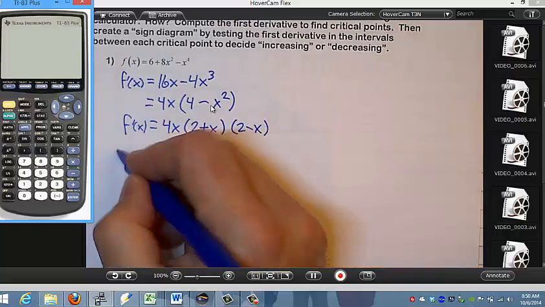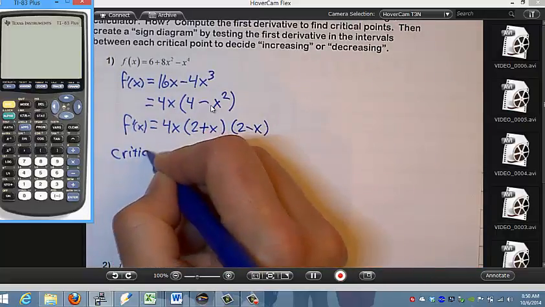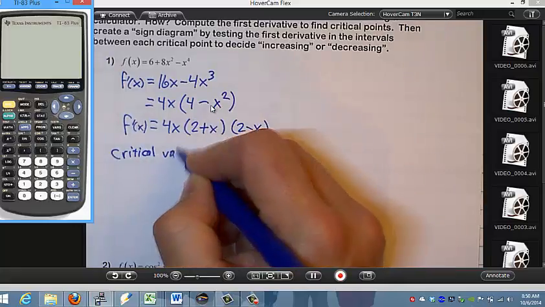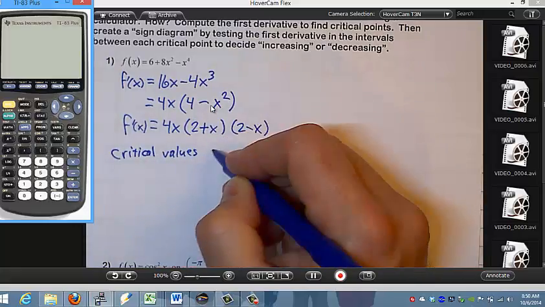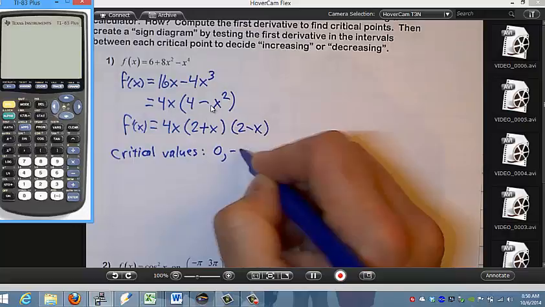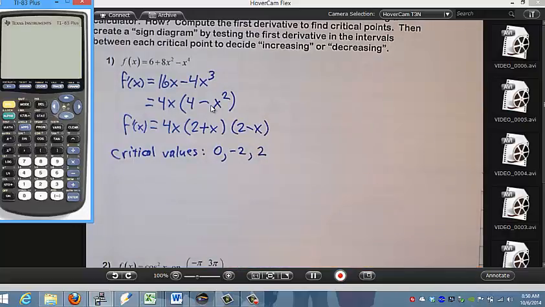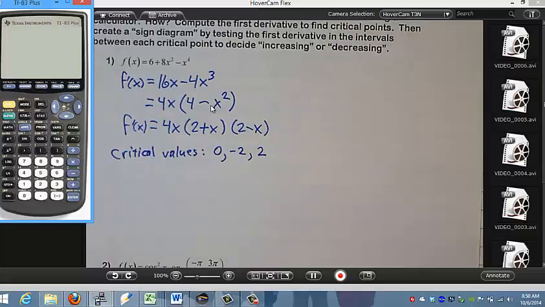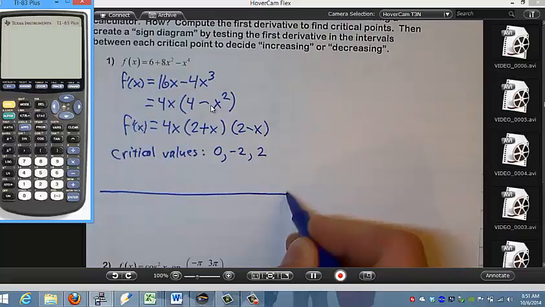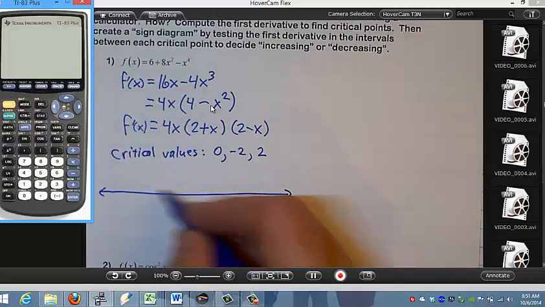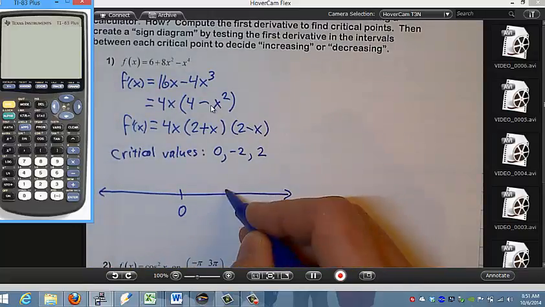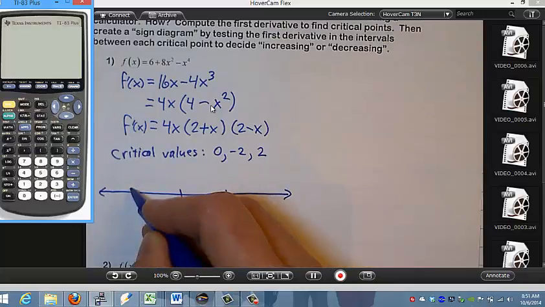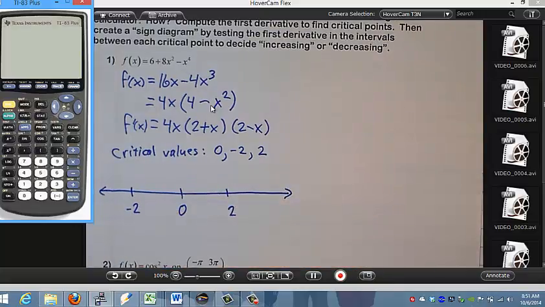And so you told me, as I walked around, hey, I know the critical values. The critical values are 0, negative 2, and positive 2, coming from those factors. This is what I saw on your paper. I saw you draw a number line and put 0, 2, and negative 2 on it.